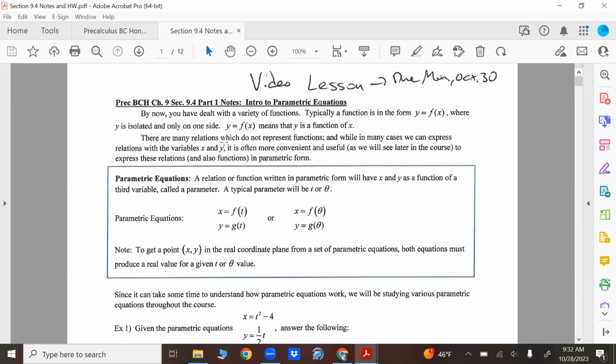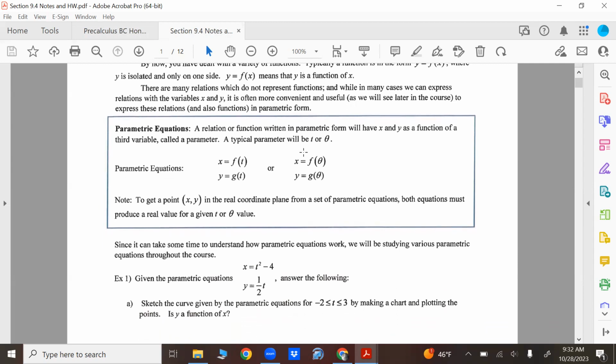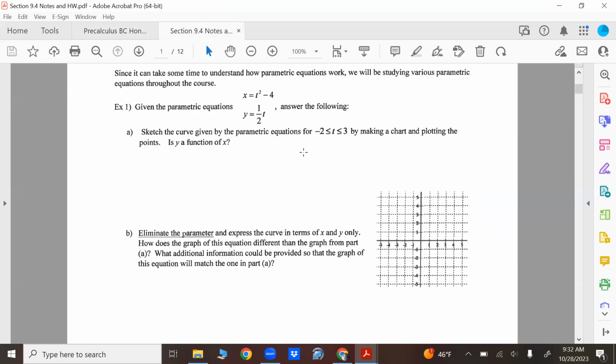But there are many relations which do not represent functions, meaning they don't pass a vertical line test. In many cases it is more convenient and useful to express relations in parametric form, like in physics with projectile motion, breaking things down to horizontal and vertical components. That's what we have here, x in terms of t and y in terms of t, or we could use theta or any variable for that matter. The third variable, we call the parameter.